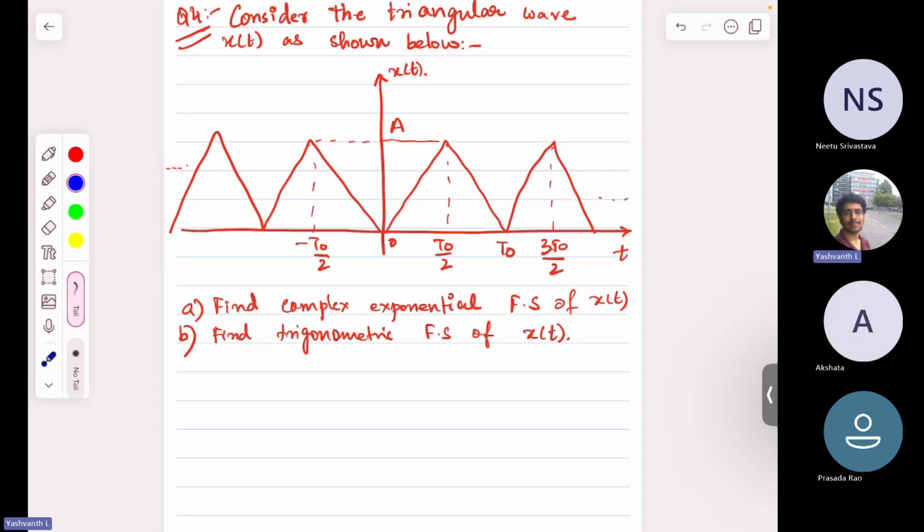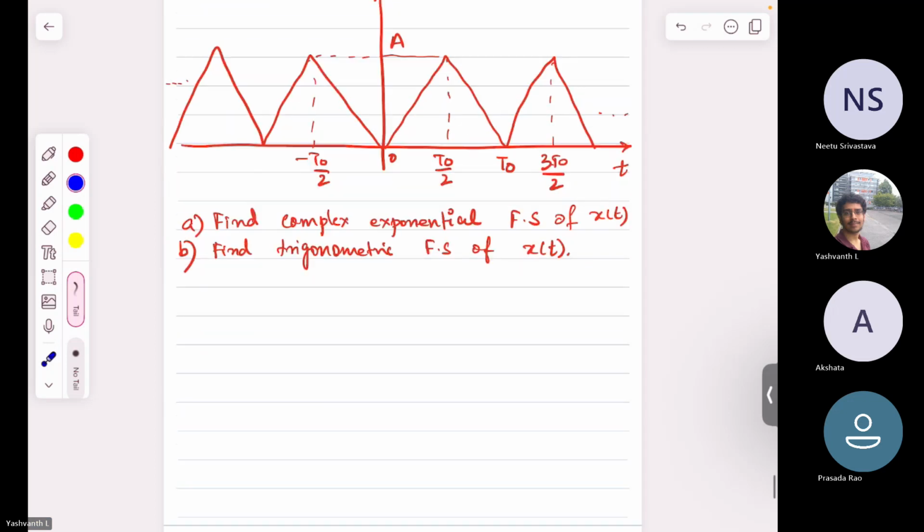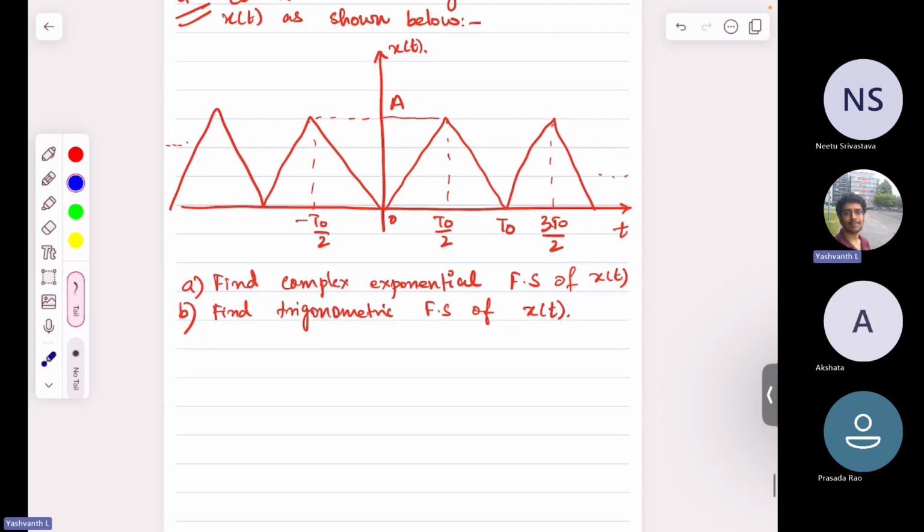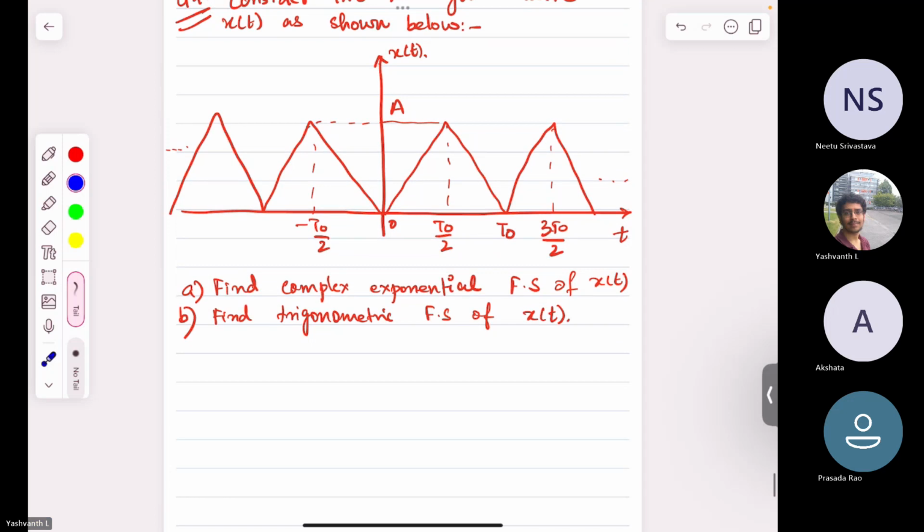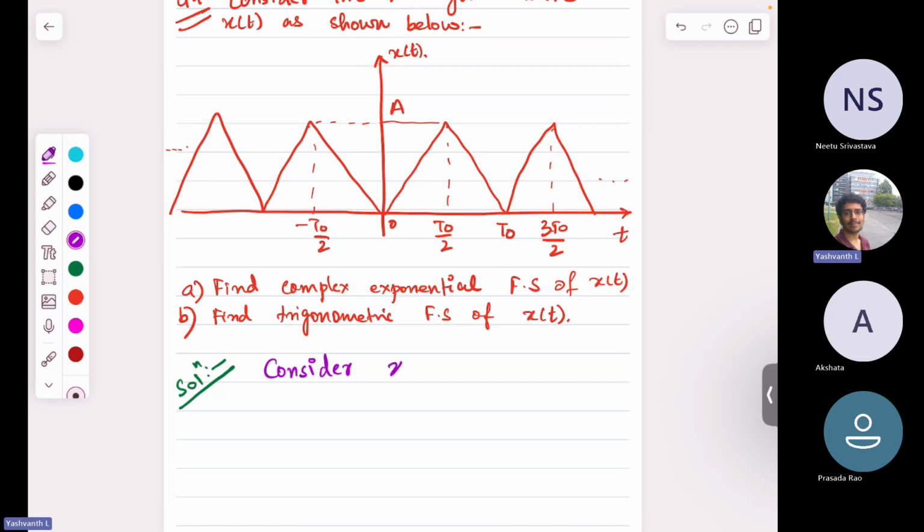Now I'm going to introduce another way to solve the same problem. Consider another signal x dash of t equal to d by dt of x of t.